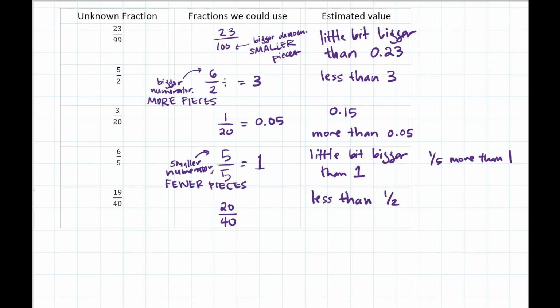Now, if it's not easy for you to notice that 20 40ths is a half, that's okay. We have not yet done converting fractions and equivalent fractions. That is me using my comfort with 20 40ths. And so that one is a little bit different maybe than what you're going to be comfortable with quite yet, but that's okay. We're just getting used to it.